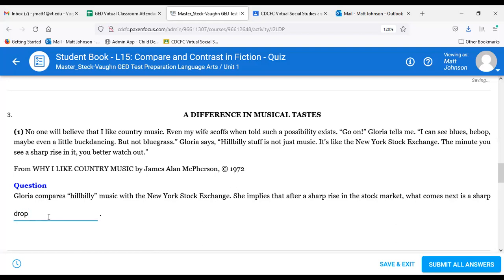So D-R-O-P. It's just saying, usually when we see a big spike in something, then we're going to see a big decline. Same thing here with that type of music or that culture. We'll see a big spike in it, and then we'll see a decline. So 3 is drop. Right.